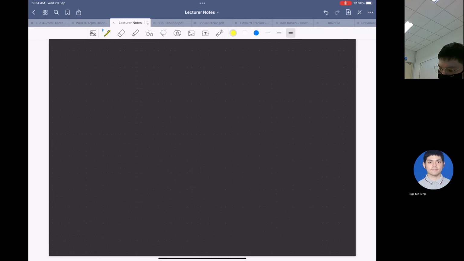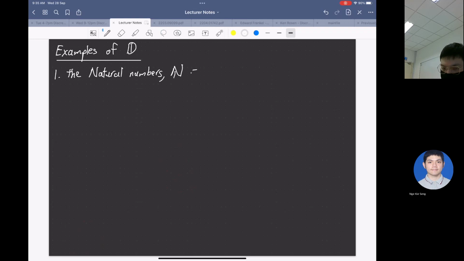Next, I want to write some examples of domains. Maybe you've seen them before, but maybe you were not introduced formally. First is the natural numbers. My natural numbers will start from 0. Some people start from 1, because they say that when humans start counting, they start from 1, not 0.